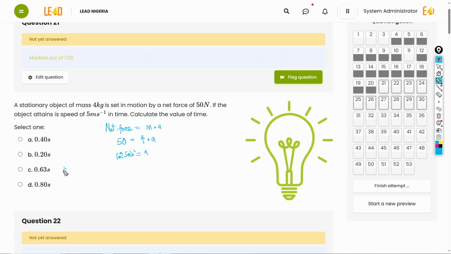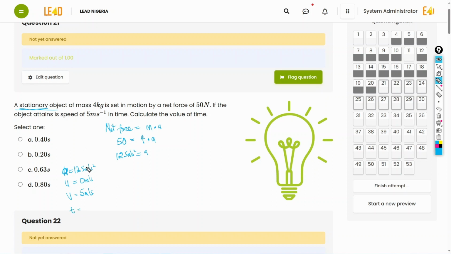Okay, so we have a as 12.5 meters per second squared. We have your u as 0, because we are told that it is set in motion, so you assume that it was stationary. Oh, it was even written that it was stationary. Okay, good. So your u is 0 meters per second. Your final velocity is 5 meters per second, and we're looking for how long.